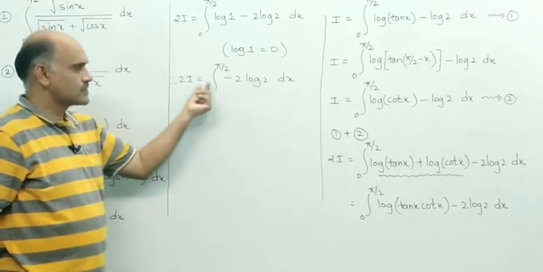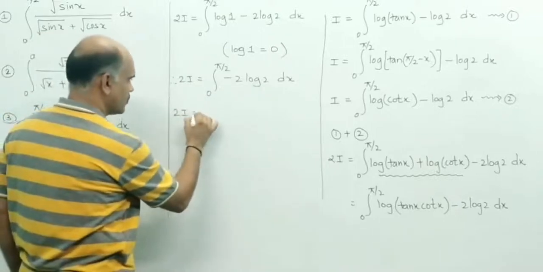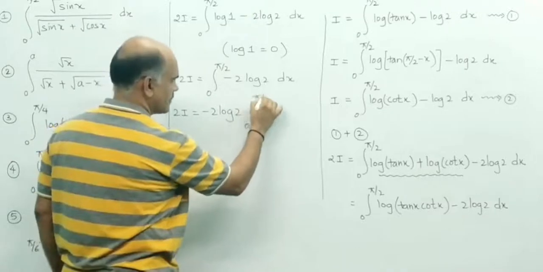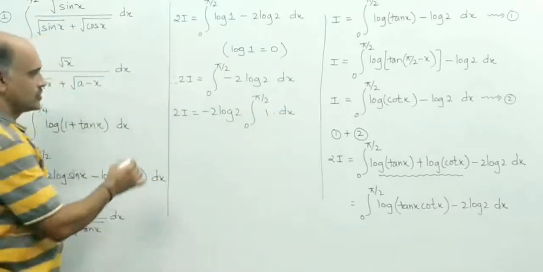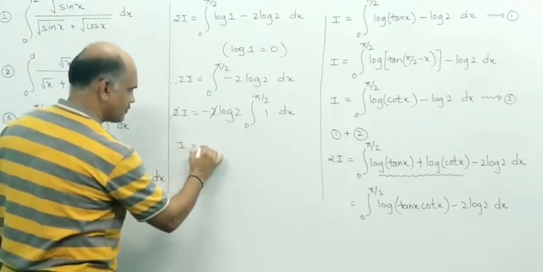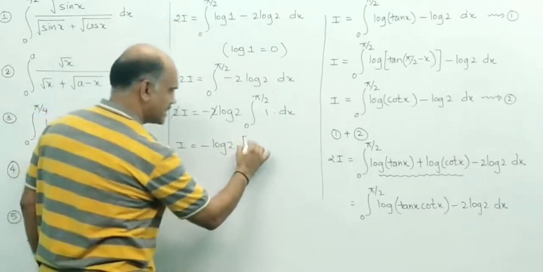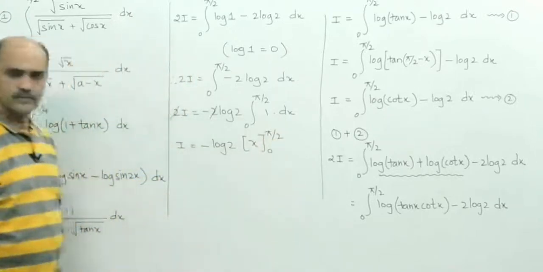So remove this constant outside and simplify. So 2I is equal to minus 2 log 2, 0 to pi by 2, 1 into dx. Here 2 gets cancelled. So I is equal to minus log 2, integration of 1 is x, limit 0 to pi by 2.